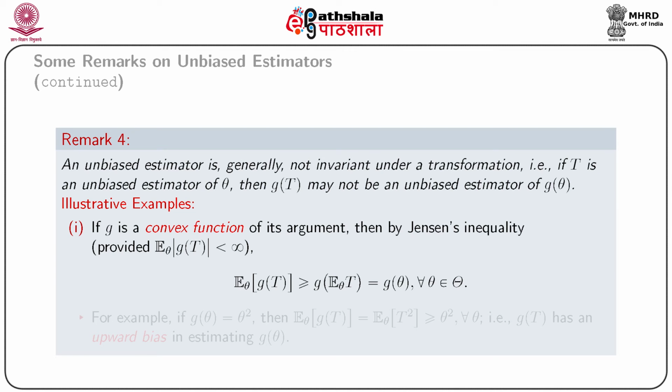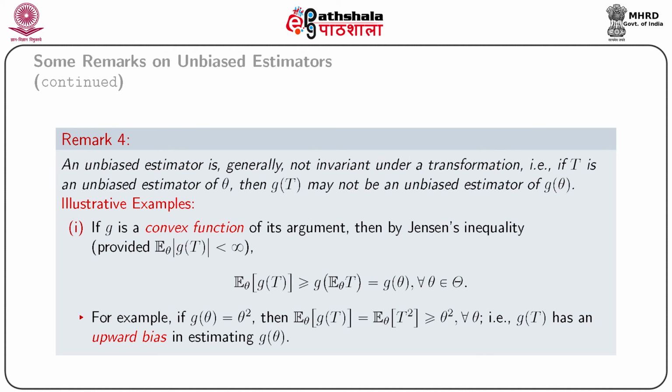Suppose T is an unbiased estimator of theta and G(T) is a convex downward function of T. Then, by Jensen's inequality, expectation of G(T) is greater than or equal to G of expectation of T, and hence expectation of G(T) is greater than or equal to G(theta) for all theta. Therefore, G(T) is a biased estimator of G(theta) with an upward bias.